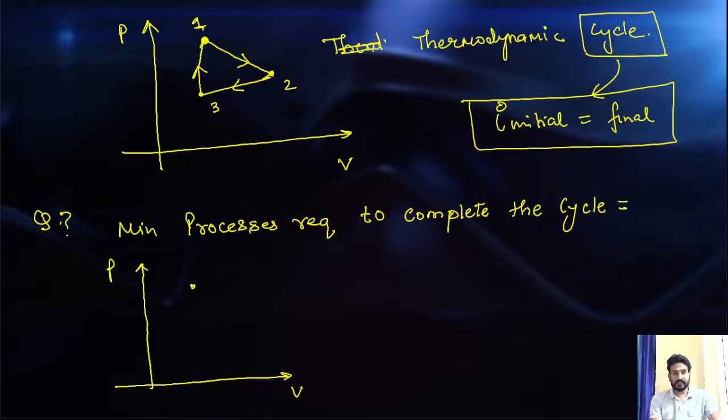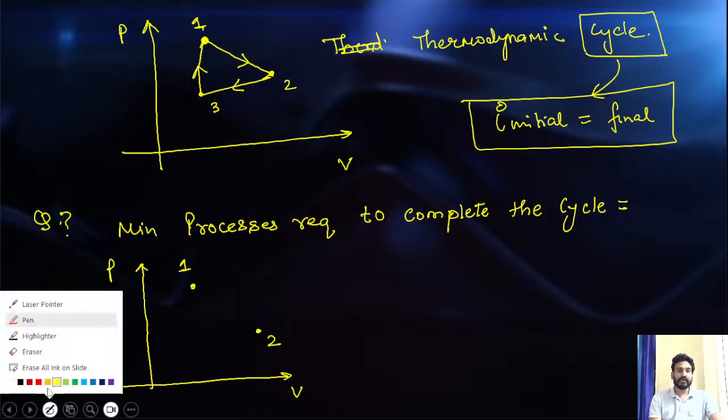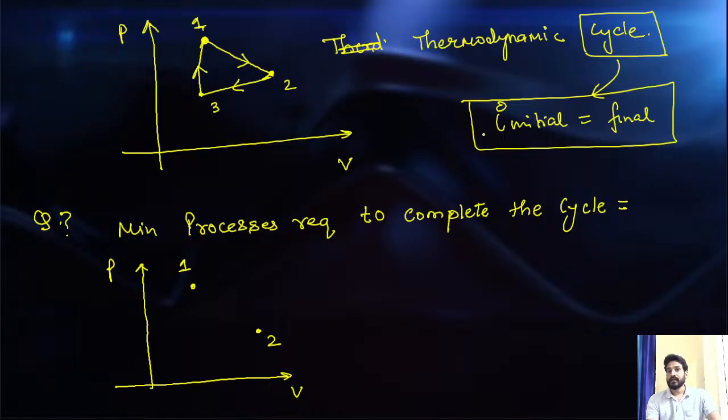Let's suppose this is my state 1 and this is my state 2. What I gave you was the definition of the cycle: the initial and final state are the same. Let's suppose my initial state is 1. So I am going from 1 to 2. This is process 1. Then going back from 2 to 1, now my initial and final state are the same.